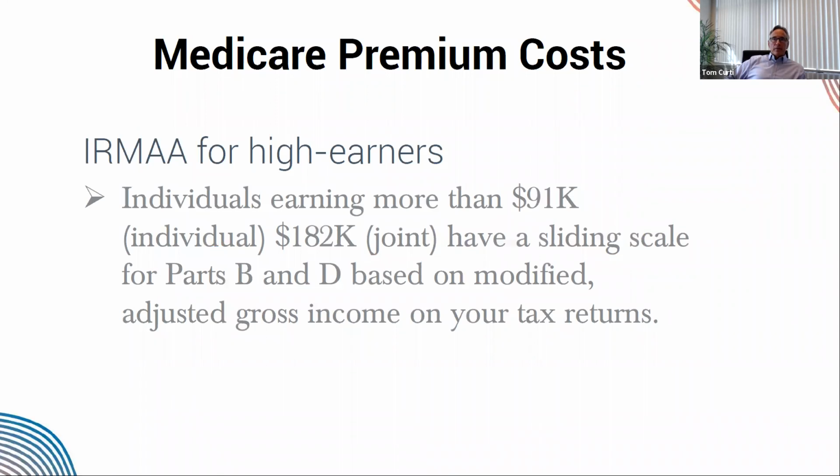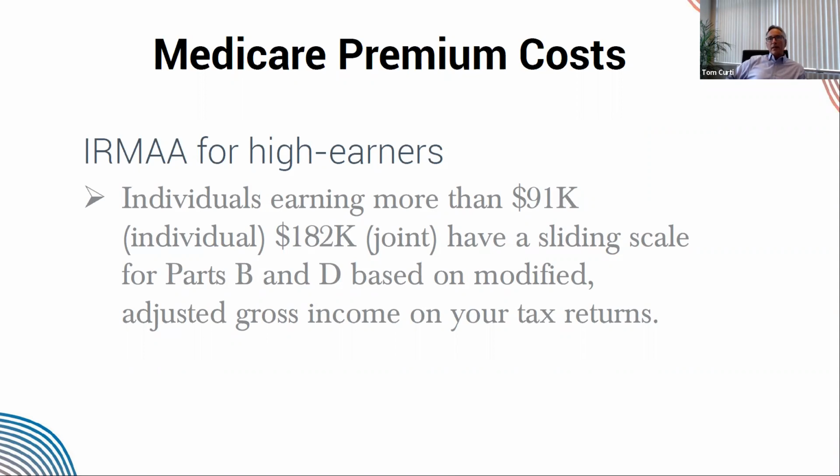Now there's the Social Security base for everybody, but then for those who are of higher incomes, there's a means test for these premiums. It's called the Income Related Monthly Adjustment Amount, called IRMA.